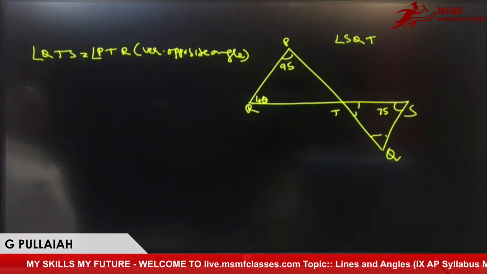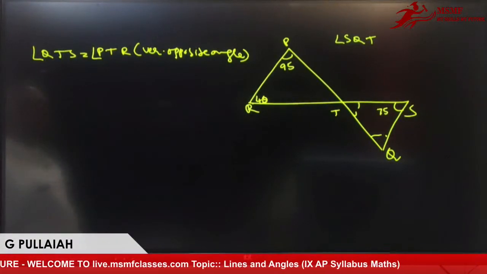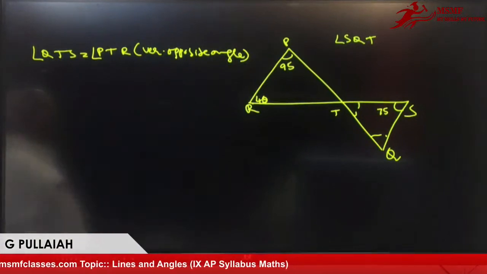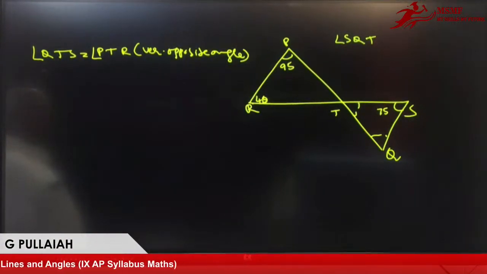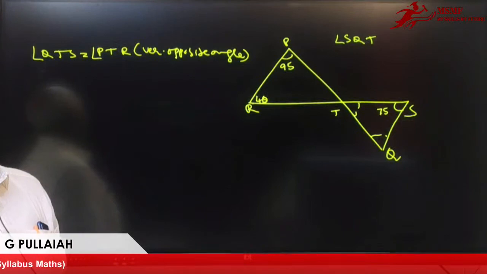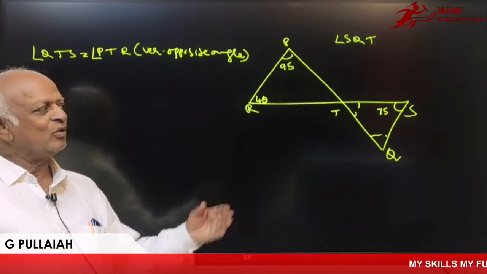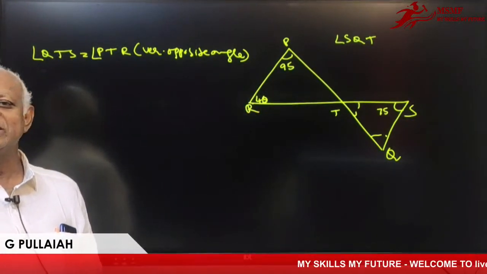If you know PTR, you know this QTS. I think PTR you can easily find because in triangle PRT, two angles are given. We are only expected to find one more angle. I think it's very easy.